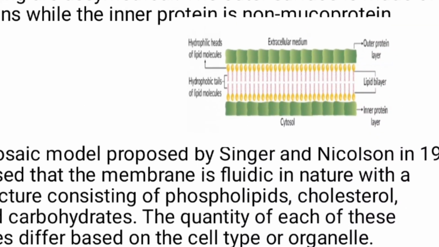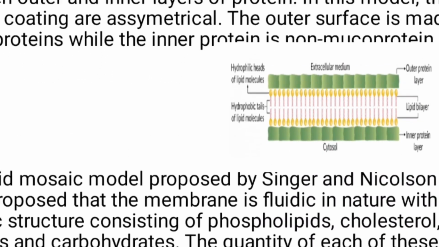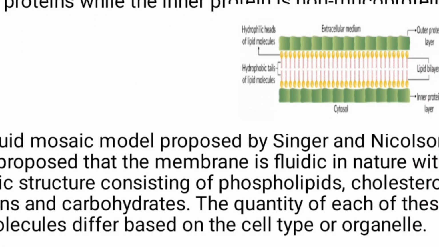So basically, the difference between the unit membrane model and the fluid mosaic model is that whereas the unit membrane model is saying that the membrane is surrounded by a continuous layer of asymmetric protein outside and inside, the fluid mosaic model is saying that no, the protein present on the membrane is not a continuous layer.